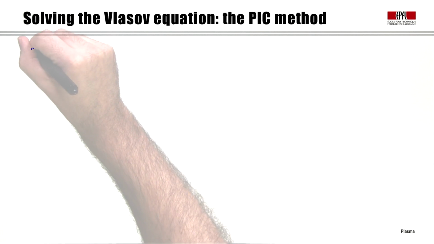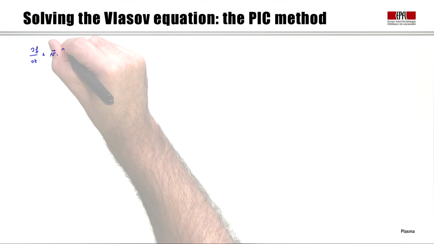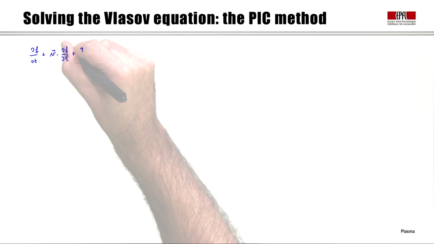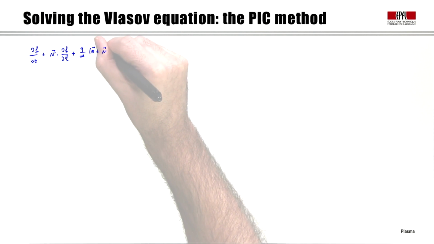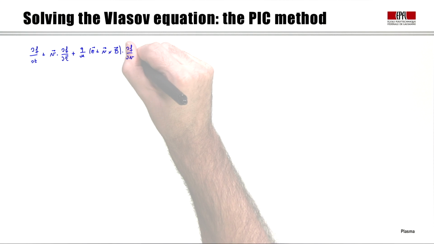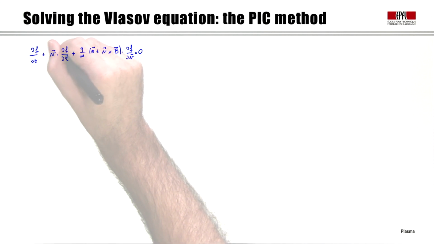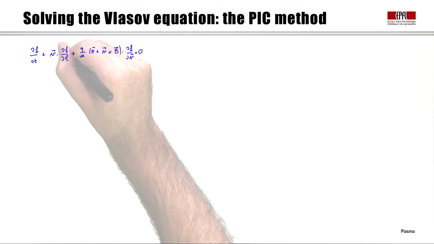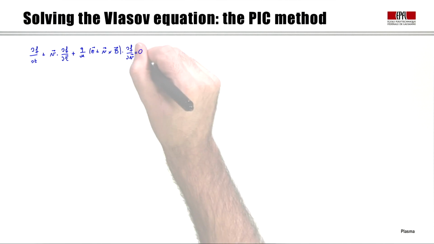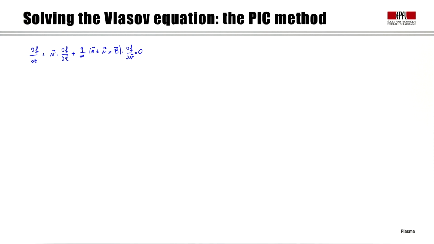I first start by recalling the Vlasov equation, which states that the variation of the distribution function is due to the streaming velocity in configuration space and in velocity space.